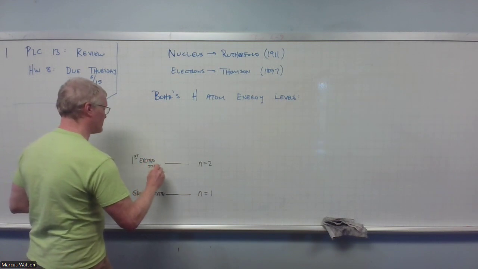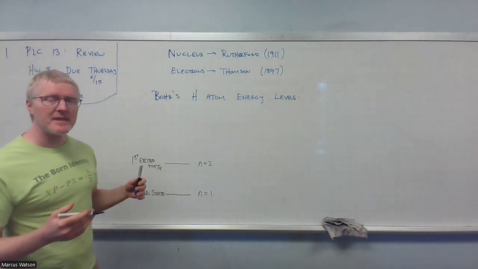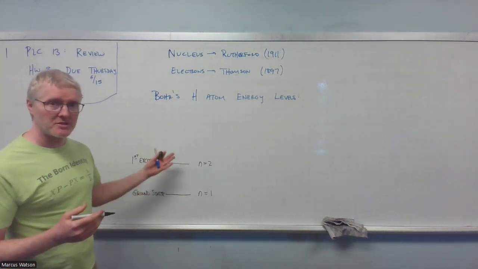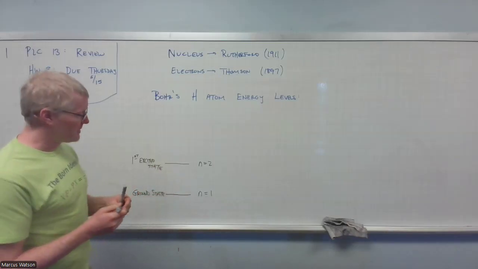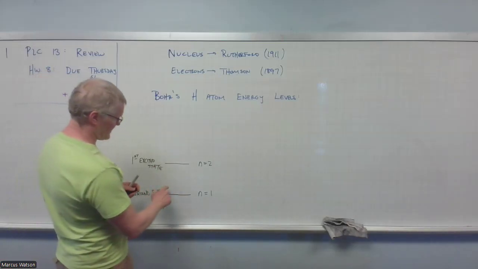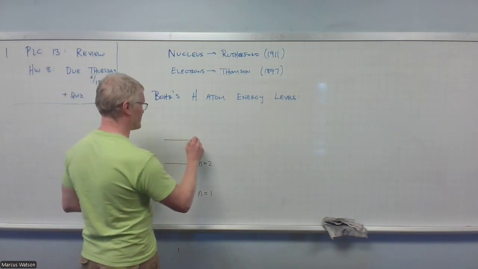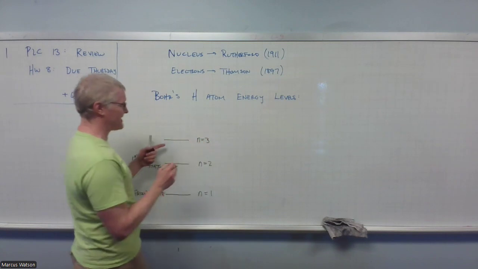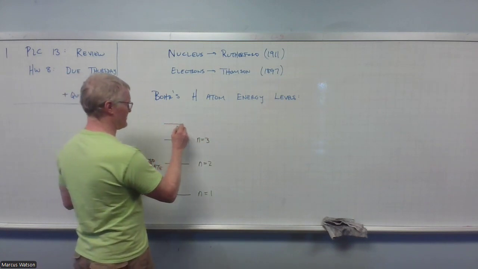And there is a particular energy which separates these two levels. Okay, there's definitely a 3-state. I skipped 1, 2, 3 here. So there's a 3-state. This is the second excited state. Here's the 4-state.